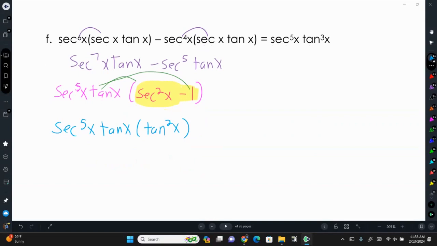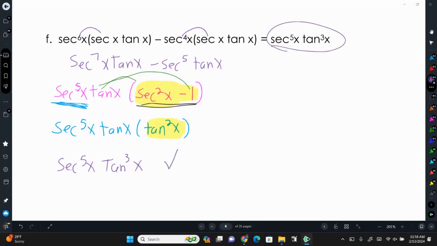Well, I already have my secant to the fifth all the way up in this step. So I converted this into tangent squared. So now that I am able to multiply these, tangent times tangent squared will be tangent to the third, which is exactly what we are trying to get. So we have proven this identity.